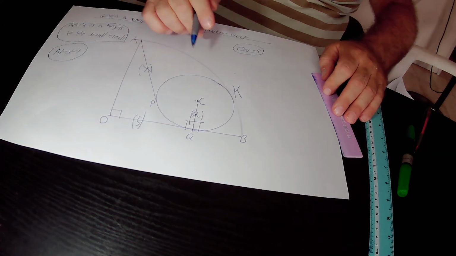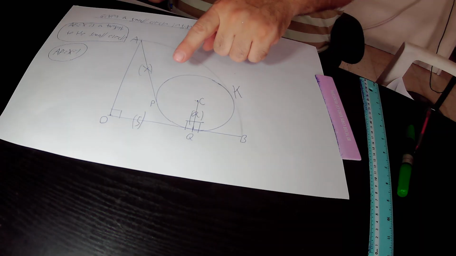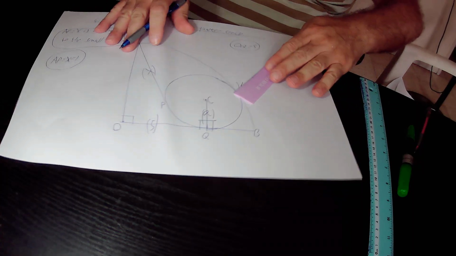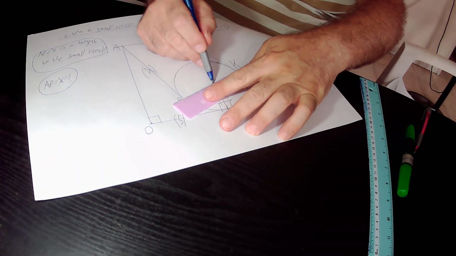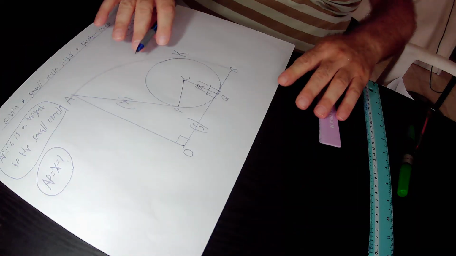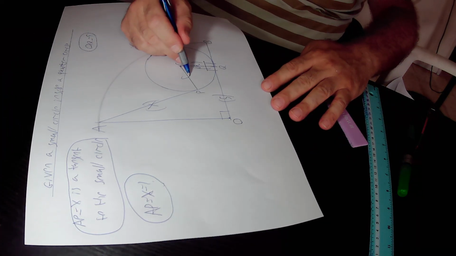Likewise, we join points P and C together by a straight line. Point P is the point of tangency of tangent AP with this small circle. PC is of course the radius of this circle, that is equal to a according to our definition.